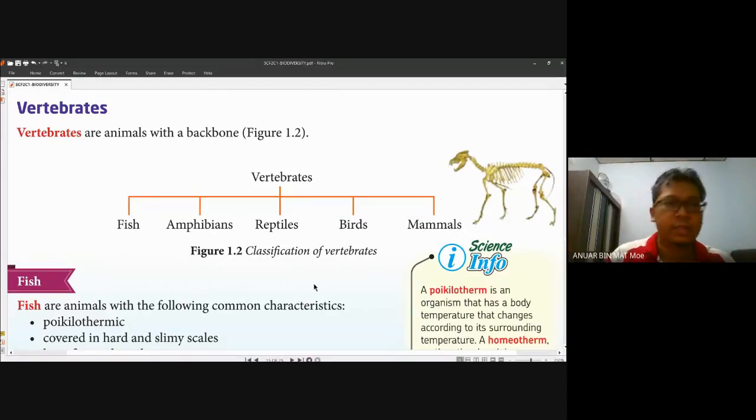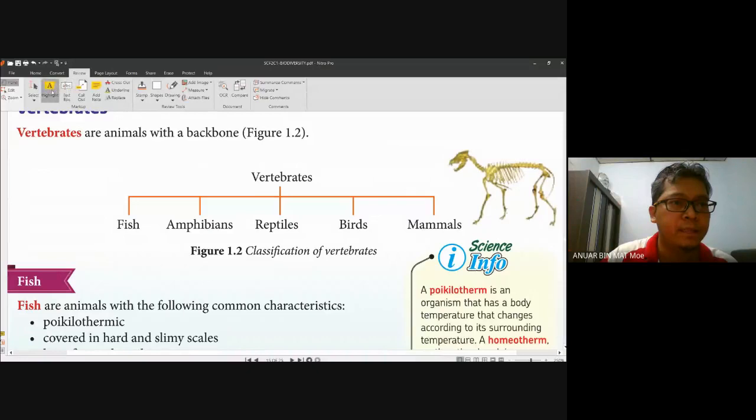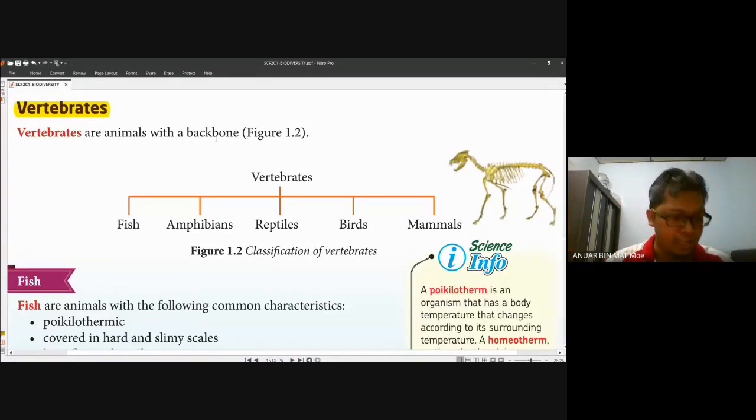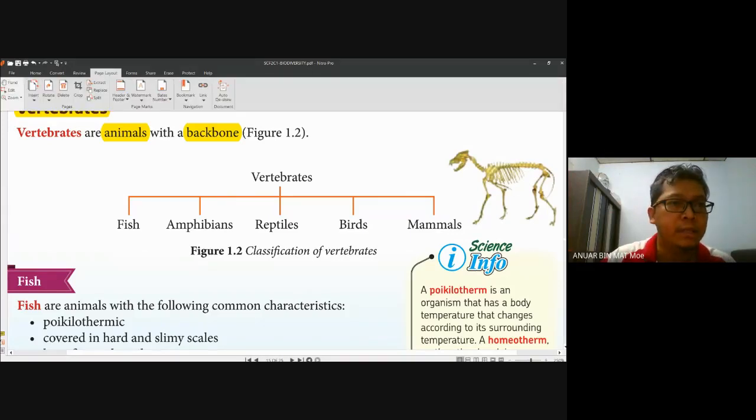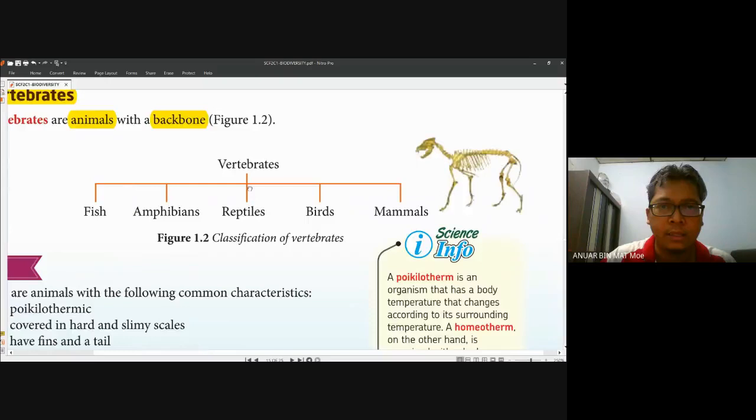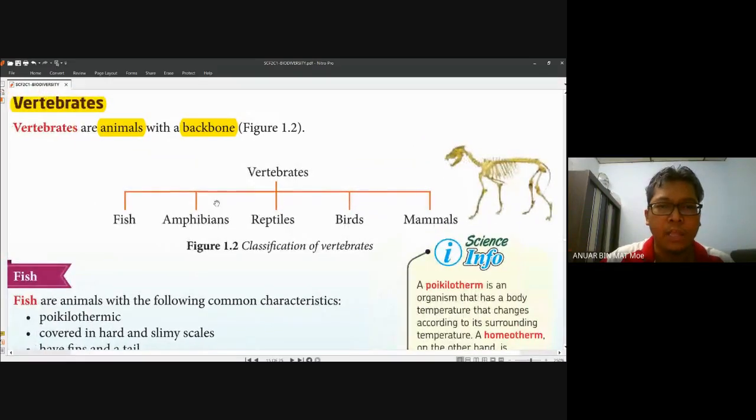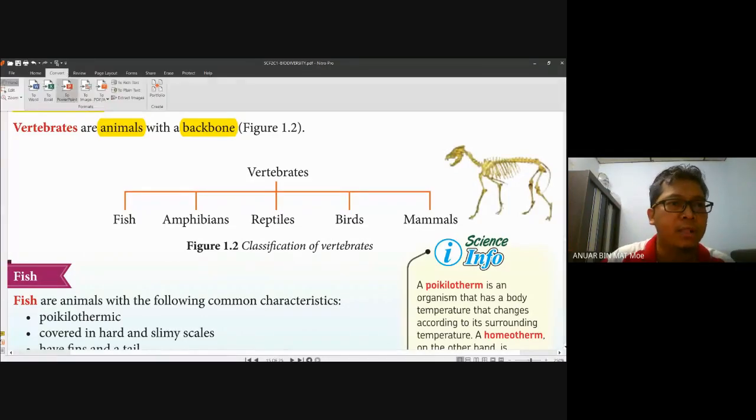Okay, so the second type of classification in animals is vertebrates. As I told you earlier, vertebrates are animals with a backbone. Vertebrates can be further classified into 5 categories.